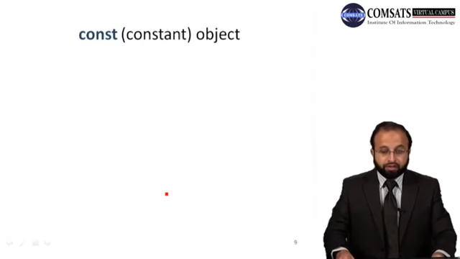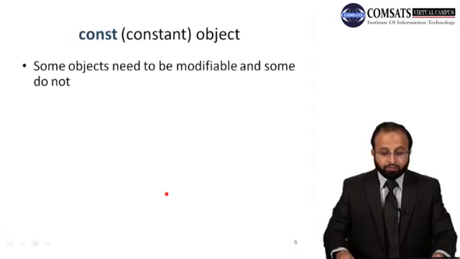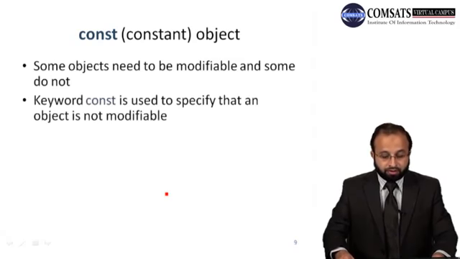Now let's see the constant objects. Some objects need to be modified and some do not. So the keyword const is used to specify that an object is not modifiable. Modifiable means that you can change the value of the private data member of that object.